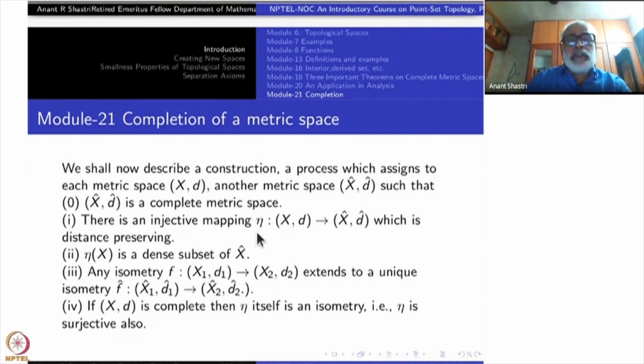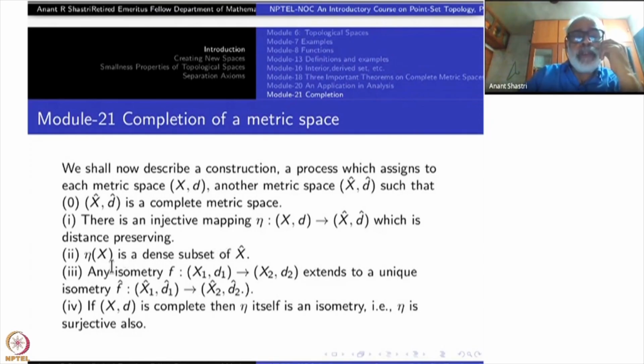So there is an injective mapping eta from (X, d) to (X hat, d hat), which is distance preserving. In fact, any distance preserving map is automatically injective, that we know. So injectivity is emphasized here, but it's a consequence of distance preservingness.